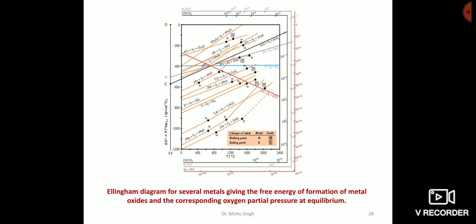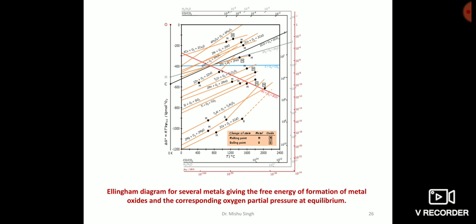Each plot is a straight line except when some change in phase takes place, like from solid to liquid or liquid to gas. The temperature at which such a change occurs is indicated by an increase in the slope on the positive side.